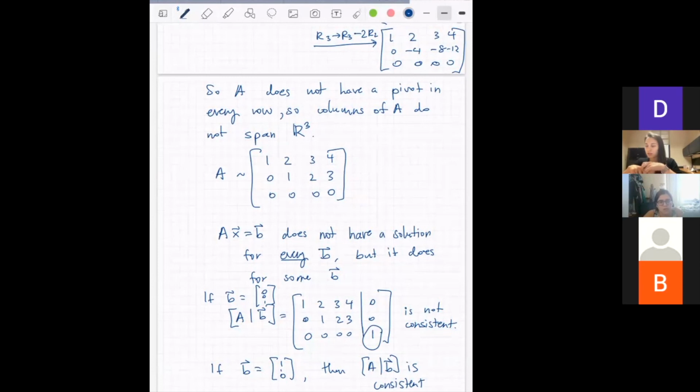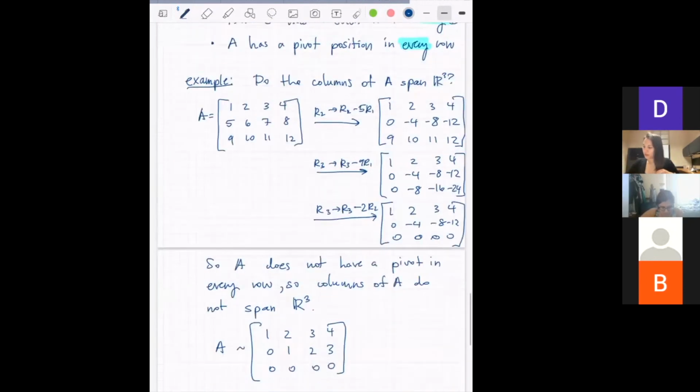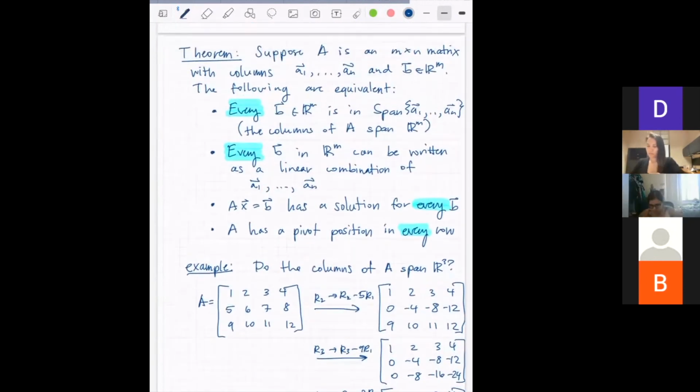Okay. But you can have columns that aren't pivot columns. Yeah, you can. So there doesn't need to be a pivot position in every column. There just needs to be a pivot position in every row. Yeah, exactly. Okay, cool. So did that answer your question?